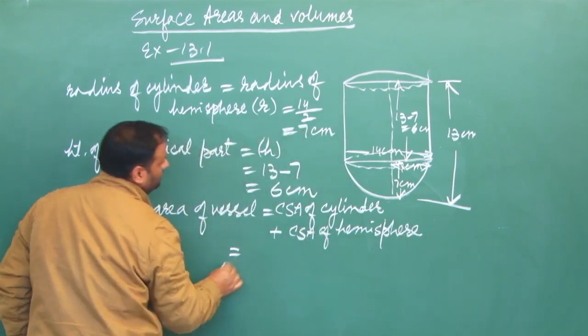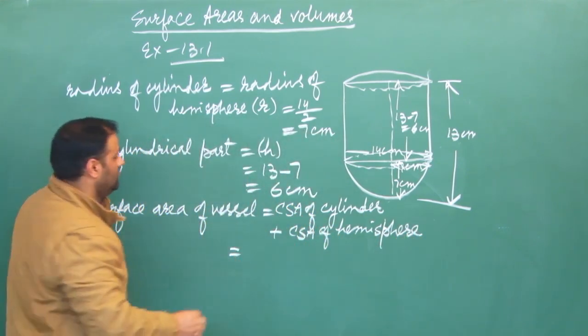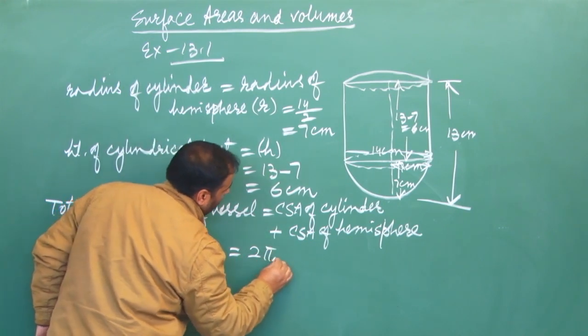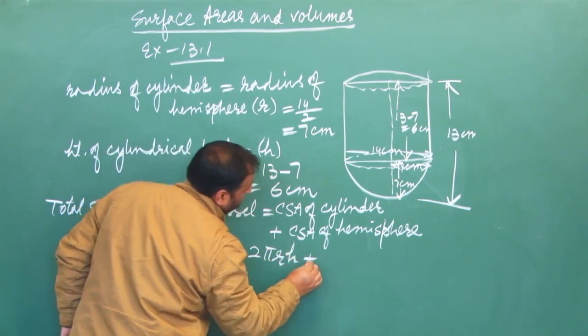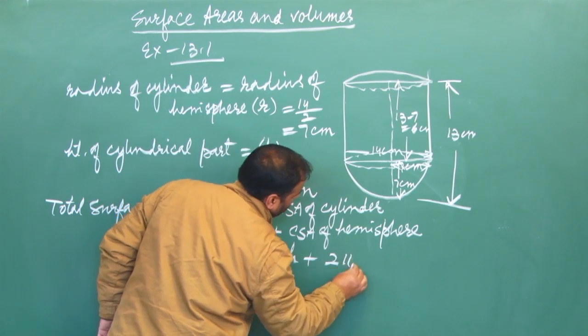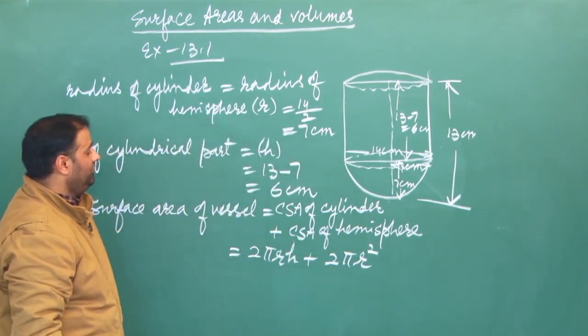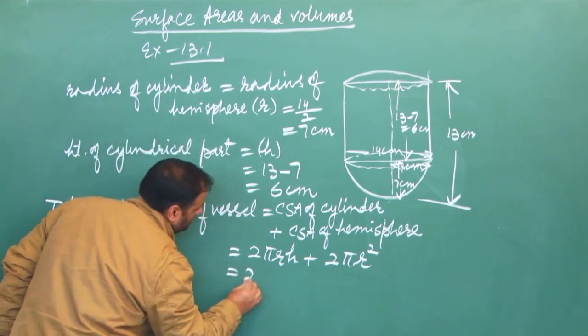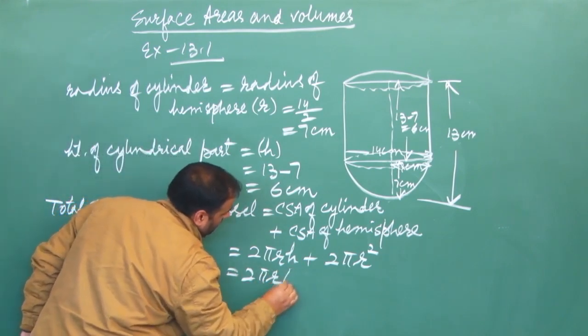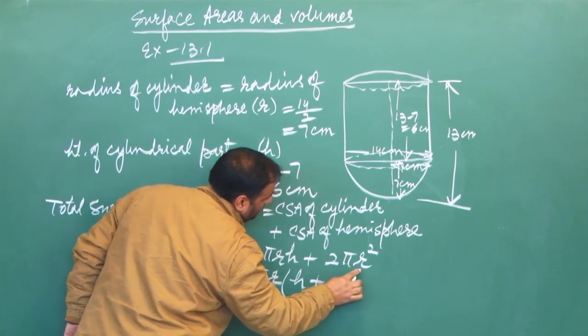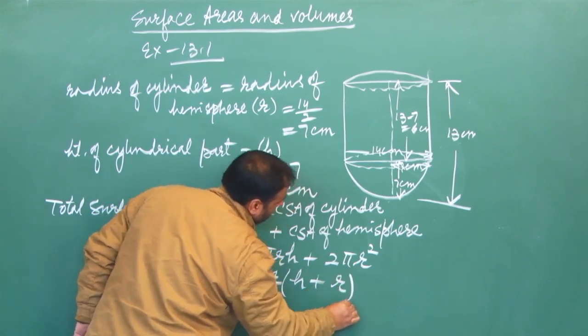We know that the curved surface area of a cylinder is 2 pi r h, and the curved surface area of a hemisphere is 2 pi r square. Now, between the two, 2 pi r is common, and within the brackets remains h and r from 2 pi r square.